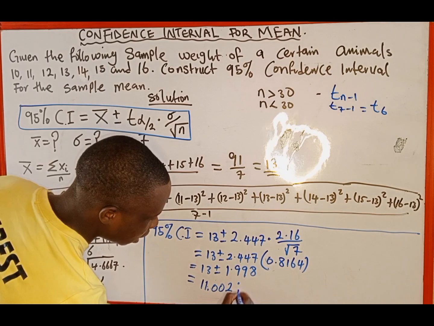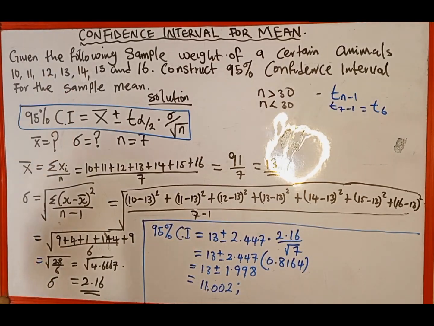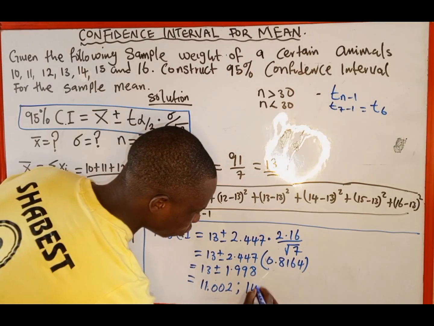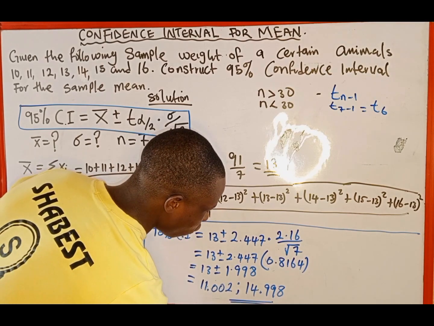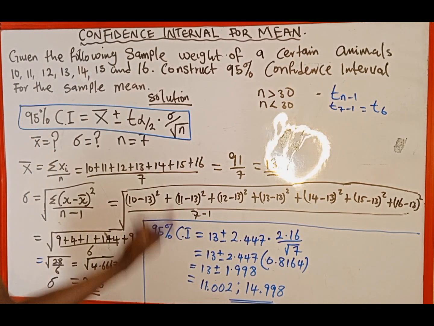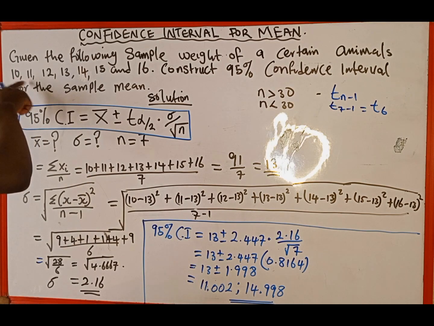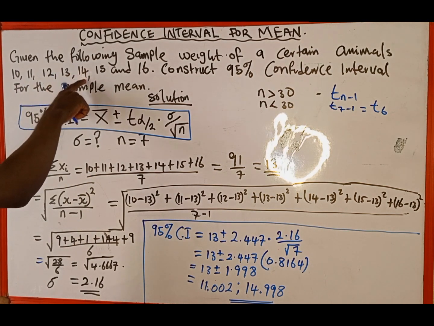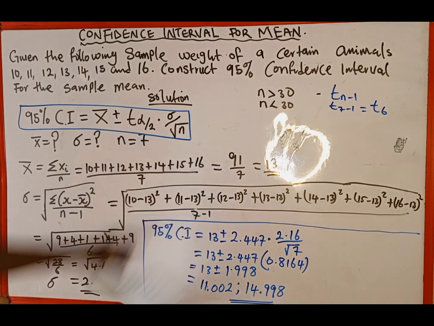Then the next one is the positive side. 13 plus 1.998 is going to give us what? 14.998. So this is the 95% confidence interval of the sample mean of the sample 10, 11, 12, 13, 14, 15, and 16. So these are the weights of a certain animal.